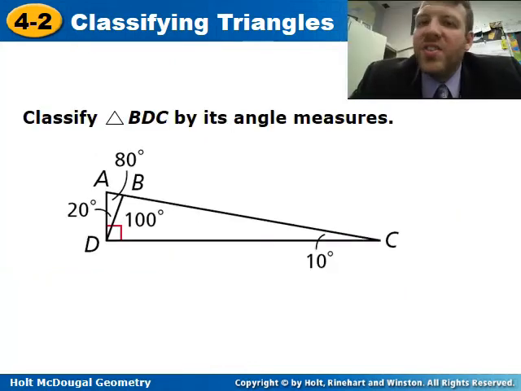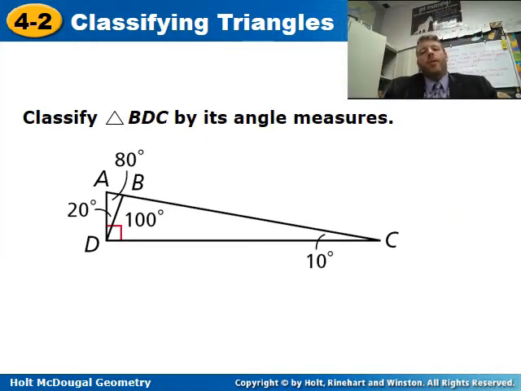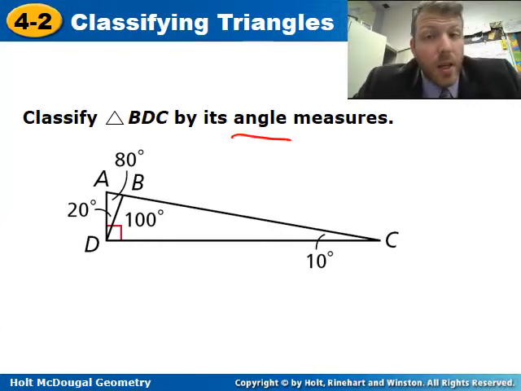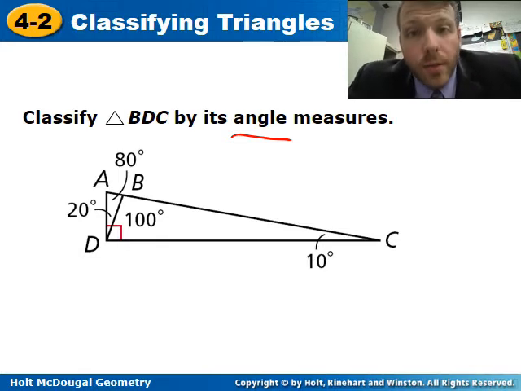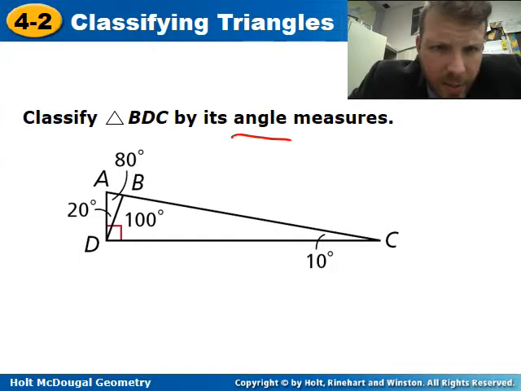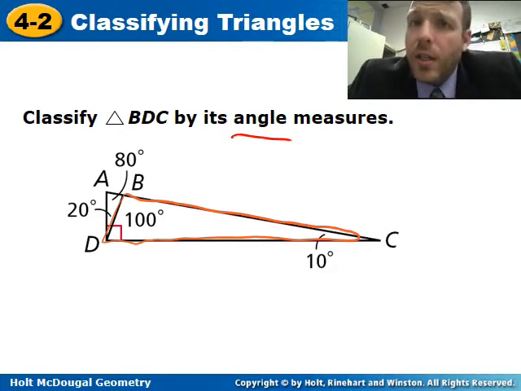All right, so let's do this example. This example is pretty simple, pretty straightforward. We're going to classify triangle BDC by its angle measurements. So you need to make sure that you understand it's either going to be acute, equiangular, obtuse, or right. So I'm just going to highlight BDC to differentiate it from the rest of the triangles in the shape.